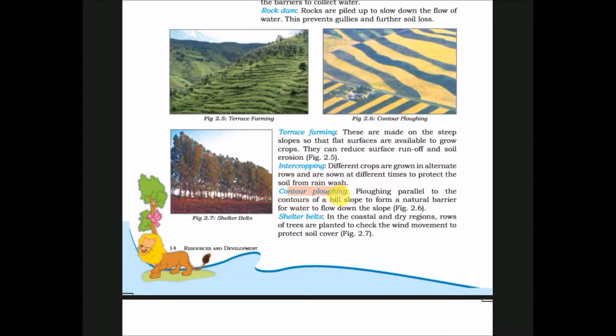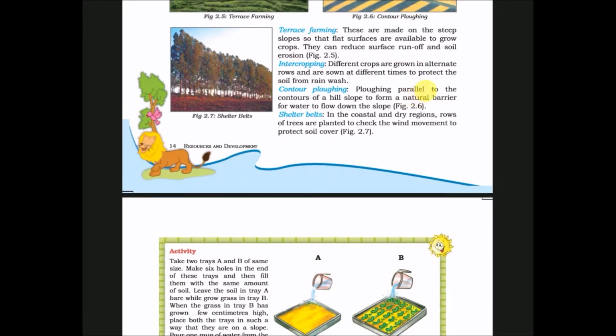And contour plowing. Plowing parallel to the contours of a hill slope forms a natural barrier for water to flow down the slopes.